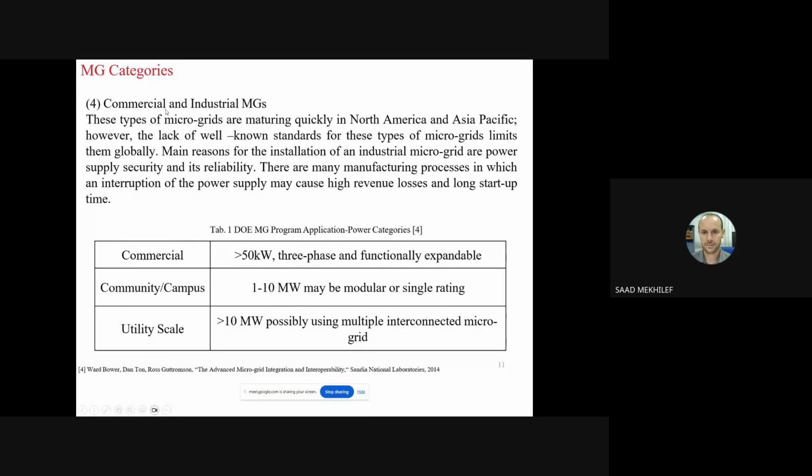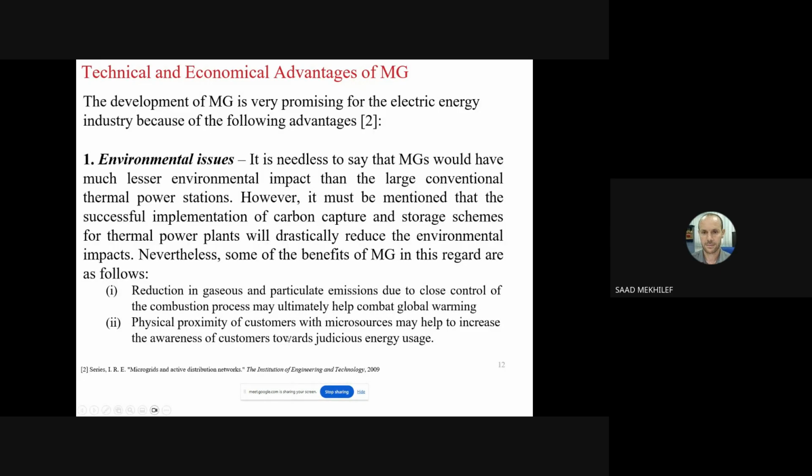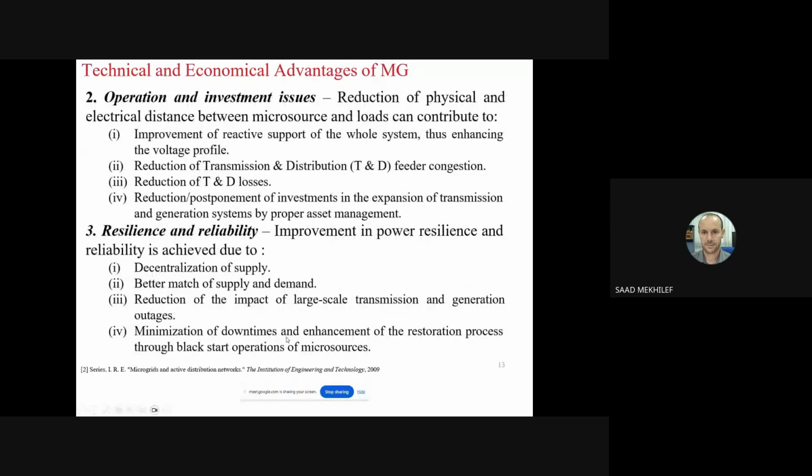As I said before, commercial and industrial microgrids range above 50 kilowatts, so they are three-phase and can be expanded. Campus or community microgrids are usually between 1 and 10 megawatts and modular in nature. Utility scale is usually greater than 10 megawatts. The environmental issues we discussed yesterday, and operation and resilience.